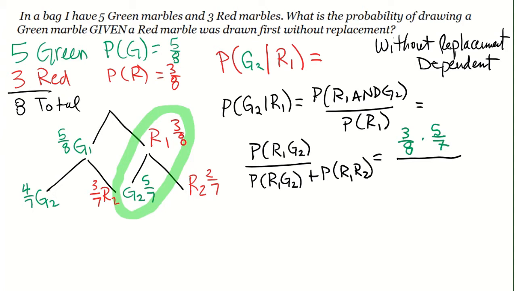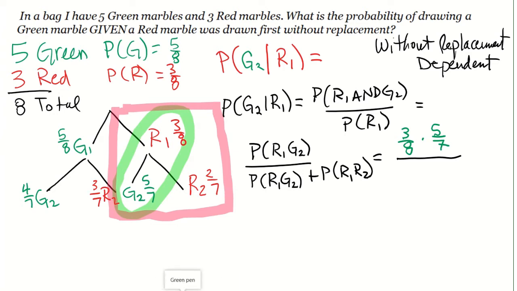And then this bottom number, the denominator, is the sample space for drawing a red, and that includes everything in here. So we're first going to write down the probability of drawing a red and then a green. And then we want the probability of drawing 2 reds.